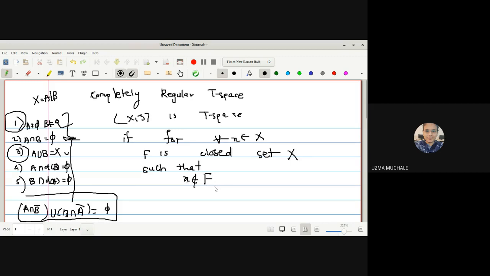Just like the diagram, F is a closed set which does not contain the point x.